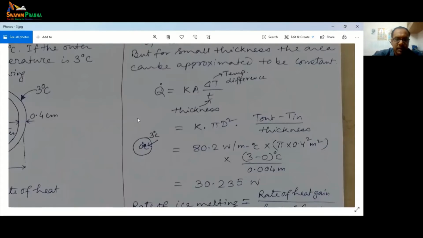Heat is coming from outside and the outside wall is given to be 3 degrees centigrade, while the inside is maintained by ice water at 0 degrees centigrade. So both T out and T in are given, 3 degrees centigrade and 0 degrees centigrade. And in the denominator we have the thickness, which is also given to be 0.4 centimeter.